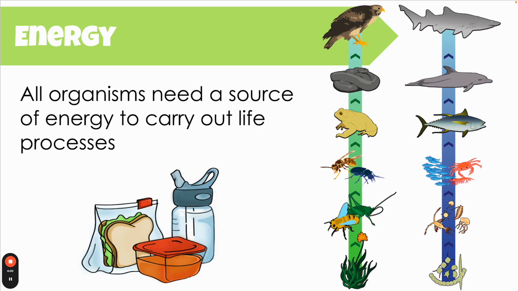And when we look at all organisms across Earth, we look at food chains and food webs, and this is showing how energy is transferred from one living thing to another.